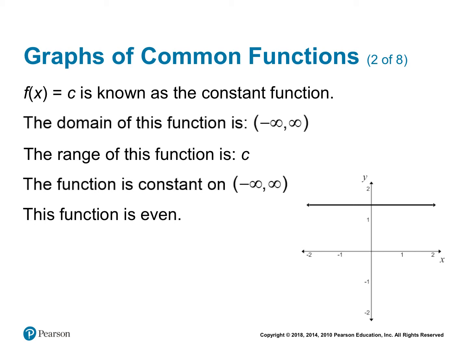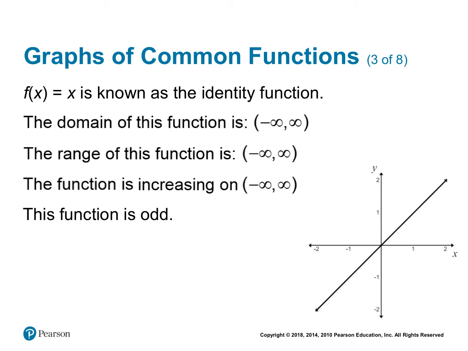So this one looks like it's hitting about 1.5. So this would be f of x equals 1.5, or you may have seen this as y equals 1.5. So you just notice it's a horizontal line, but it is a function because it does pass the vertical line test.